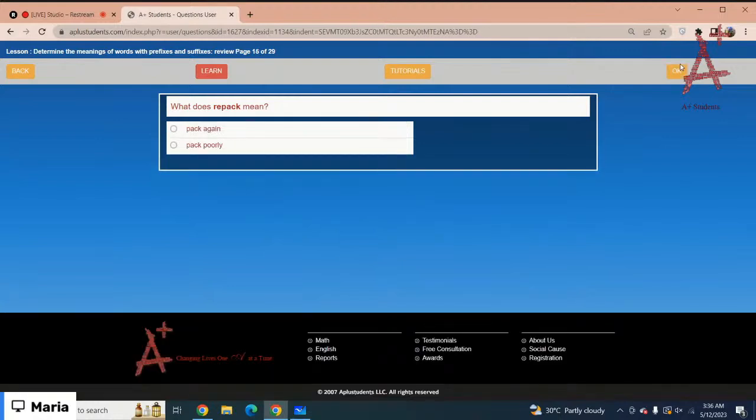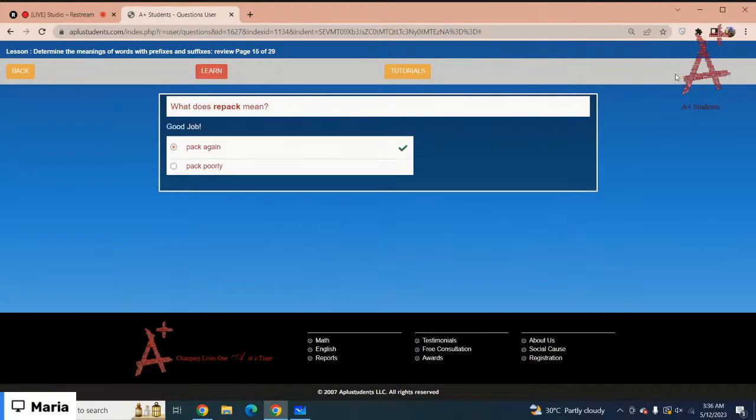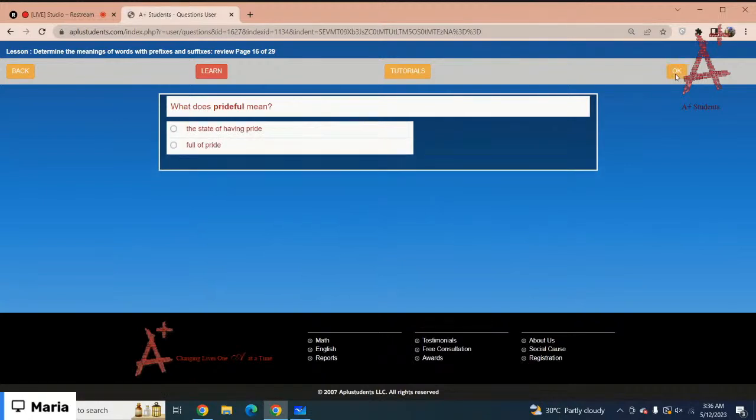What does repack mean? It would be pack again. Option 1 is the correct option. What does prideful mean? That means full of pride.